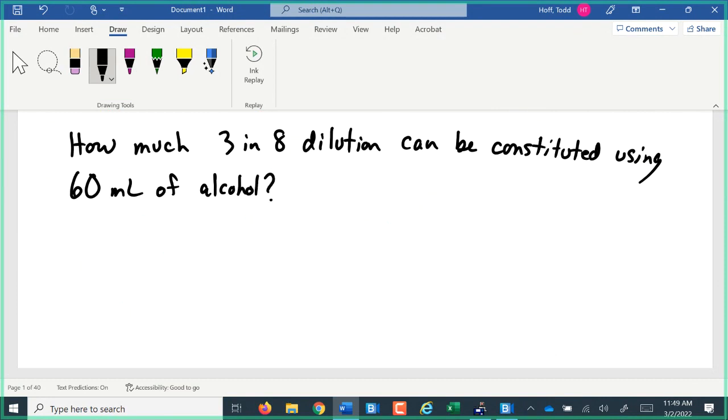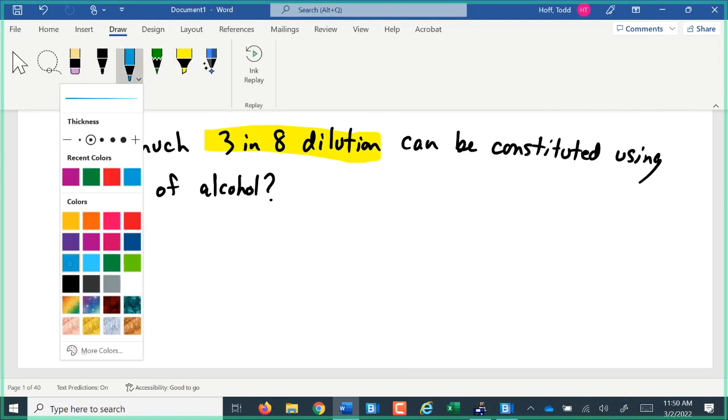So we're diluting our alcohol into a solution, into a 3 in 8 dilution. How much of that 3 in 8 dilution? Now again, when it says how much 3 in 8 dilution, it's saying how much total solution can be created using 60 milliliters of alcohol.